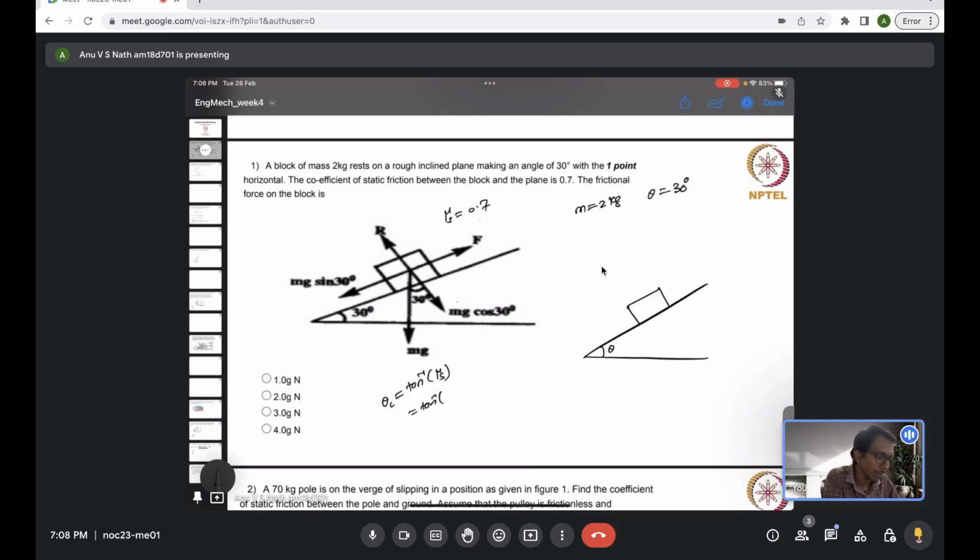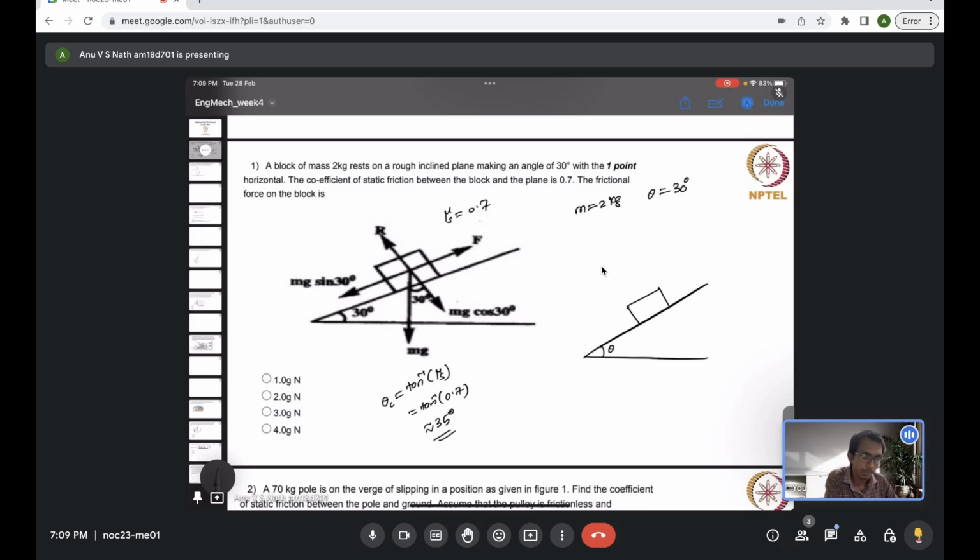If you evaluate that, it will be 34.99, approximately 35 degree. So this is the critical value of angle above which this body will start to slide. But here it's given that the angle theta is 30 degree only. So that means this body has not yet started to slide down. So it's still in equilibrium.